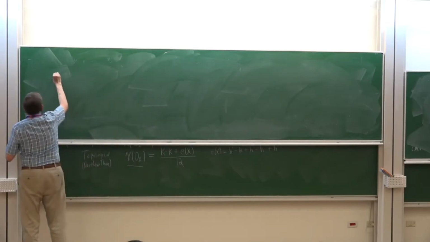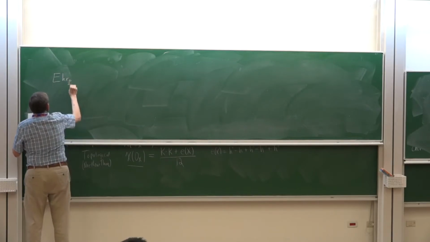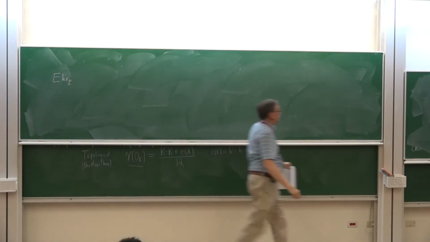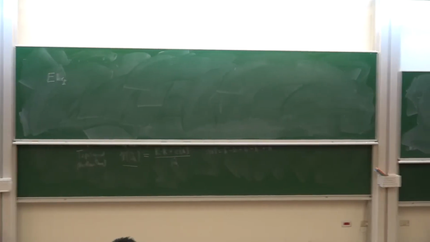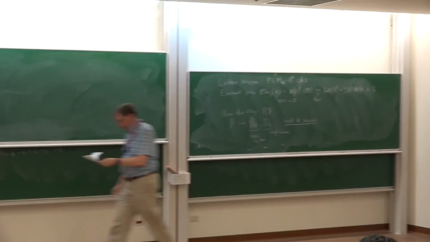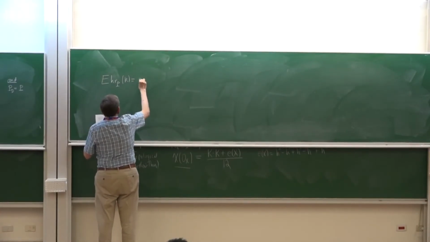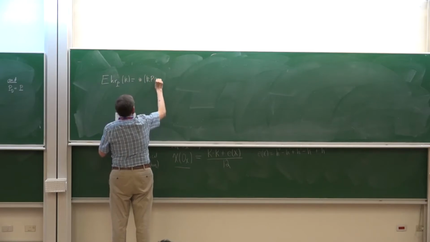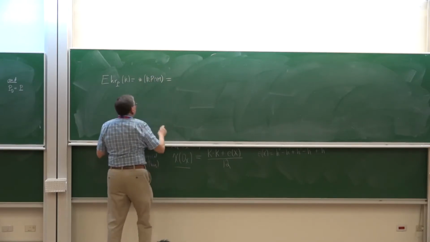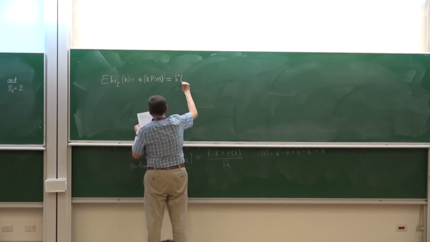I should decorate this, so this is the Ehrhart polynomial of our lattice polygon. So this of K is the number of lattice points.